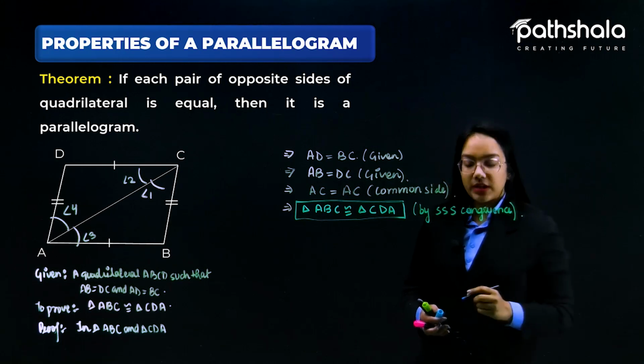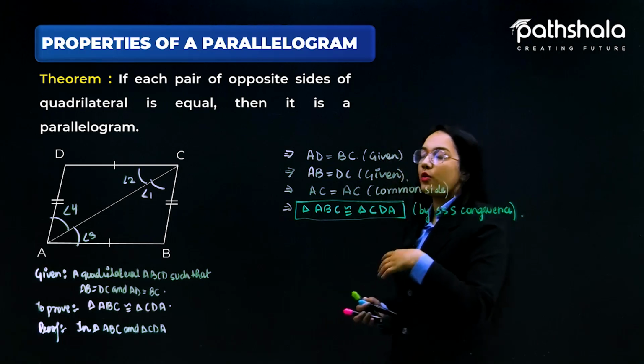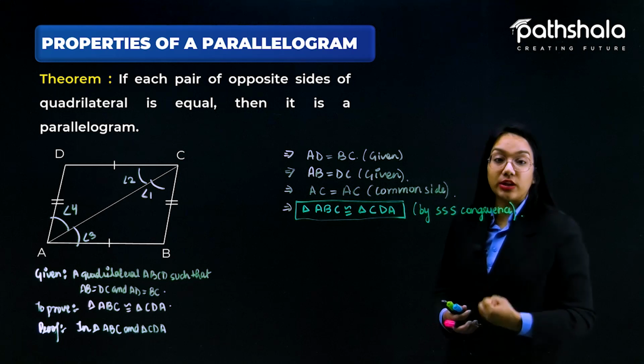By SSS congruence criteria, all the sides of one triangle are equal to all the sides of the other triangle. It implies that they are congruent to each other.